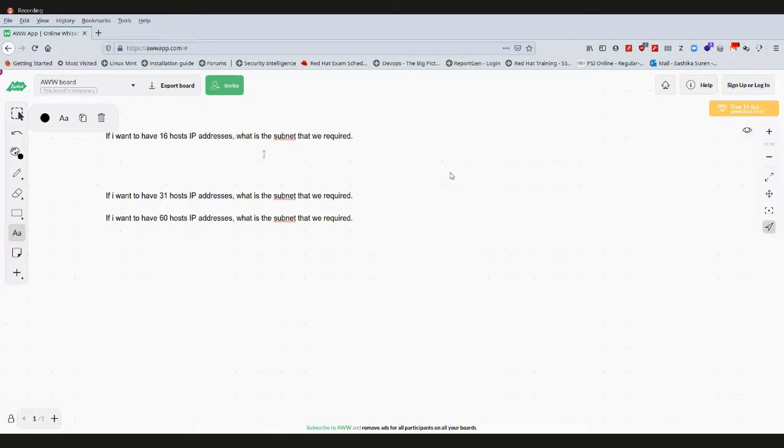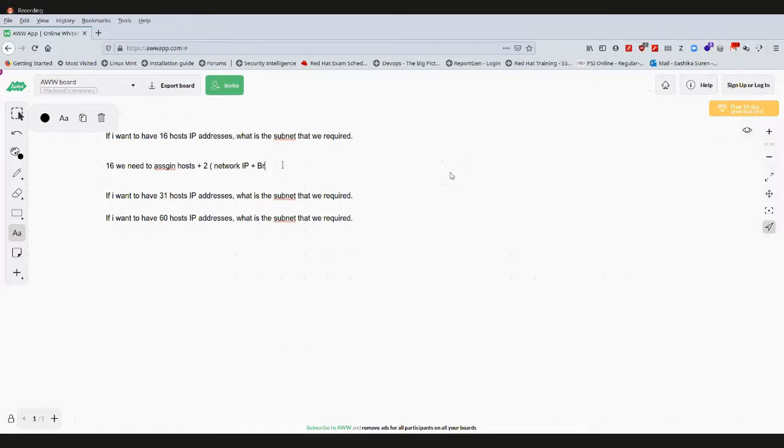If 16 host IP addresses are required, how many IP addresses do we actually require? 16 that we need to assign for the hosts, then we need another 2 extra IPs. What are those? Network IP and broadcast IP. Because we have to assign those as well.